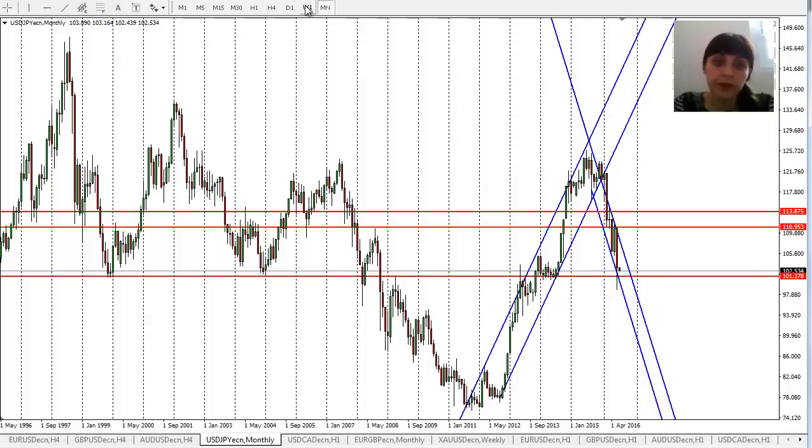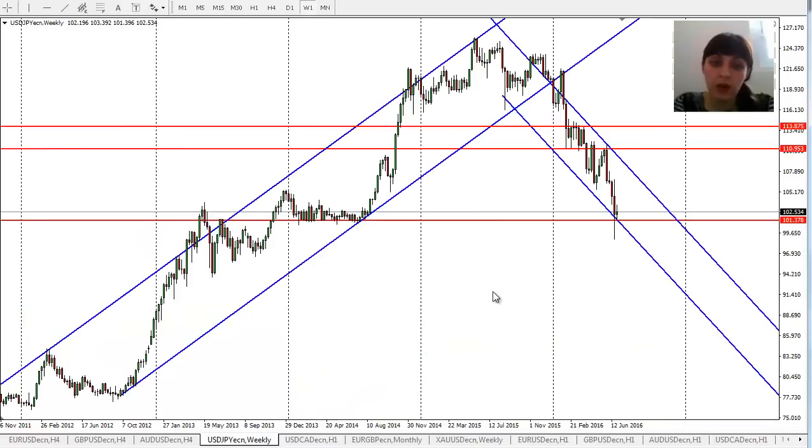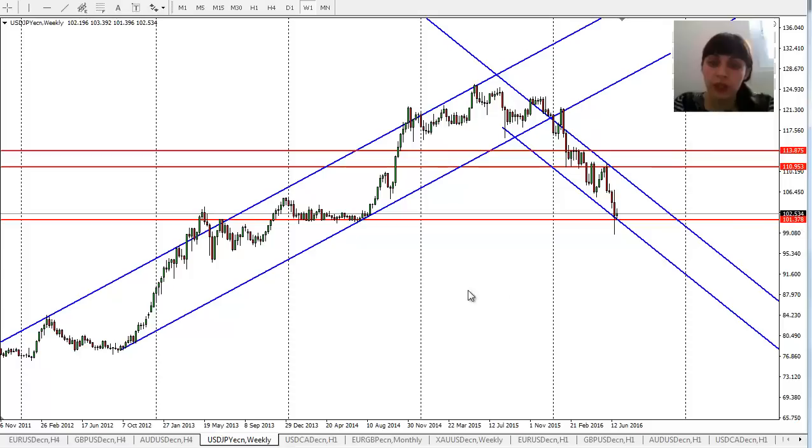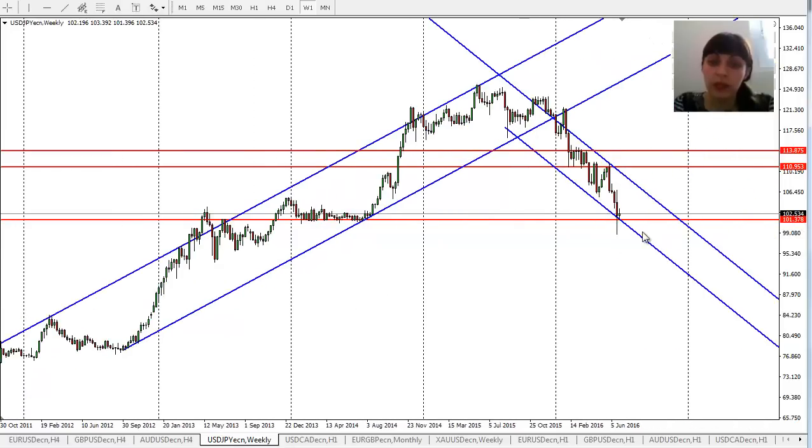But what do we have right now? Of course, it's still in a downtrend channel, and it might stay around this level, just like here, and probably I will be concentrating on checking news for yen and for dollars.